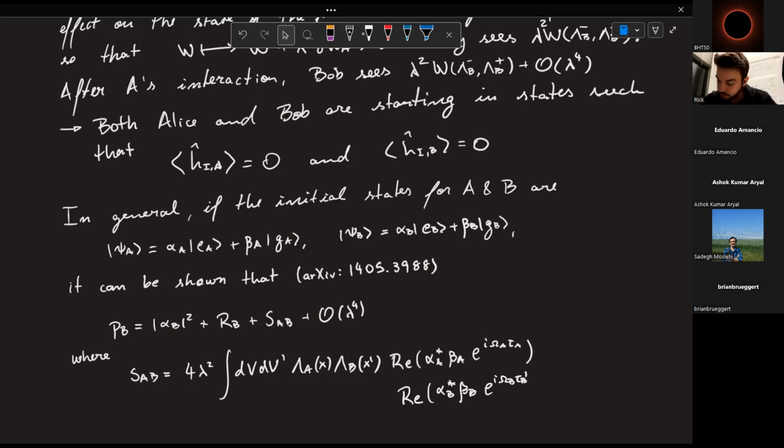And the big thing here is that you get the field commutator, which is i times the E, the retarded minus advanced propagator, right? This is the field commutator, so this is the commutator of phi of x, phi of x prime.